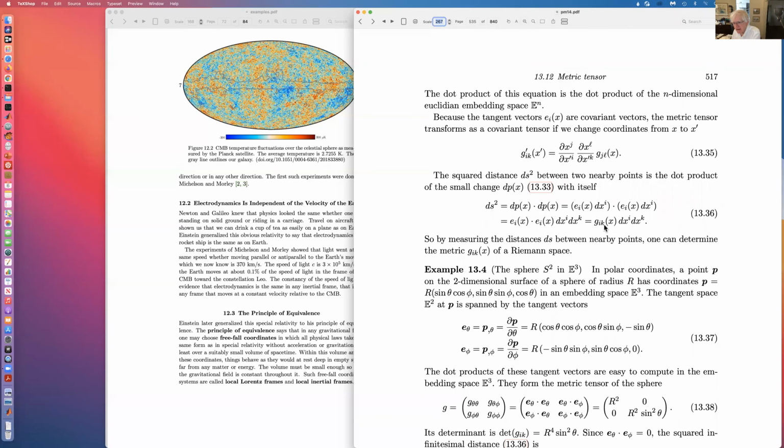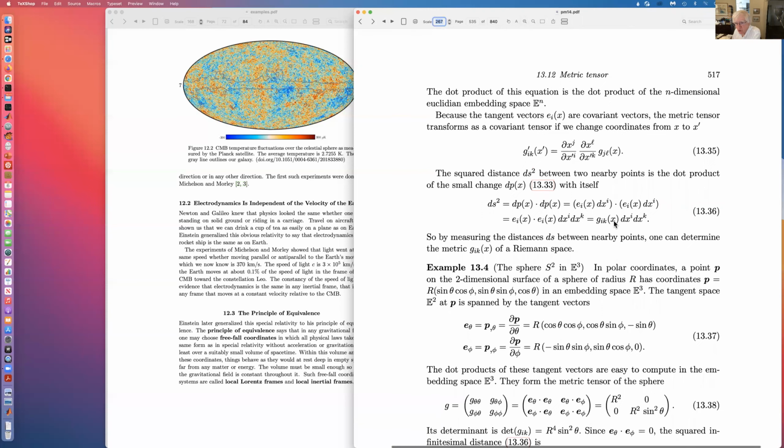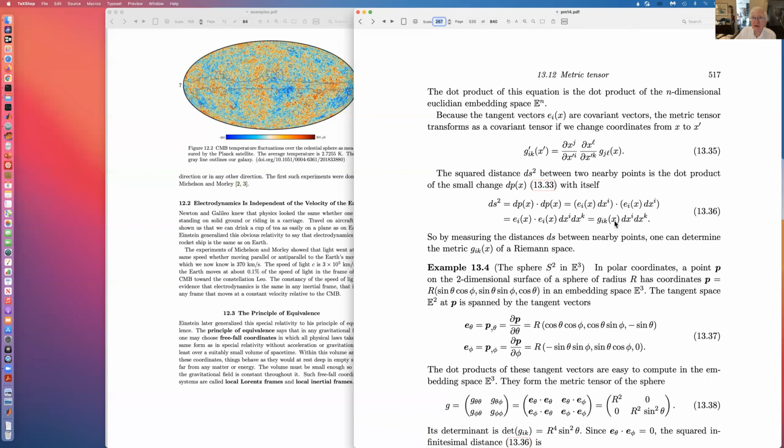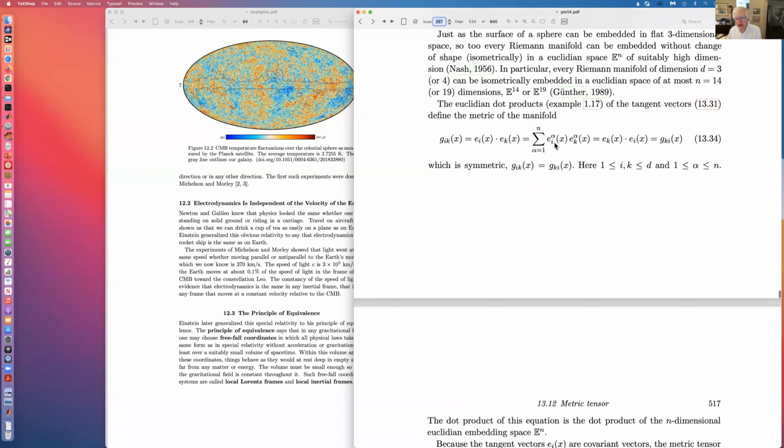So G is n by n, and the coordinates here, x, are n-dimensional. Wait a minute, no, d-dimensional. The coordinates are d-dimensional, but the vectors e_i are n-dimensional. So the index alpha goes over n dimensions.